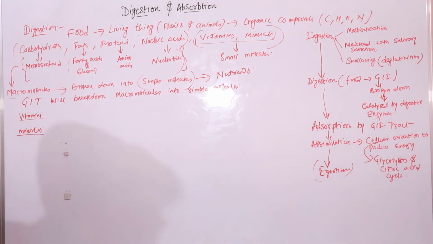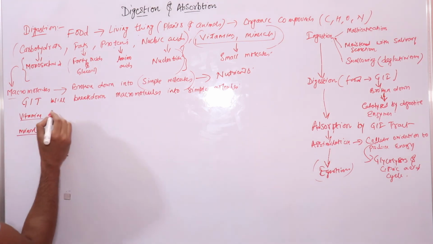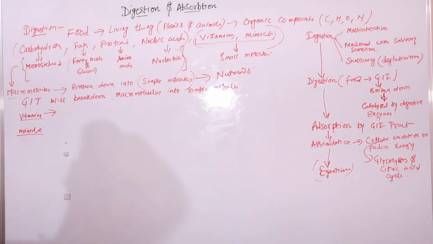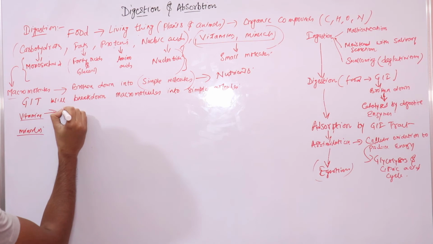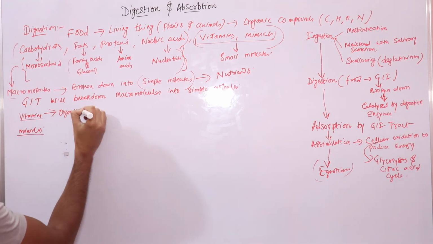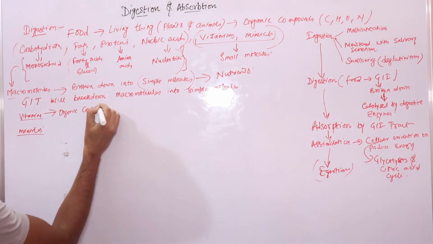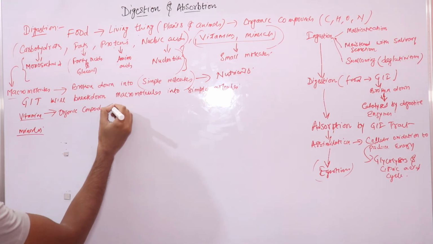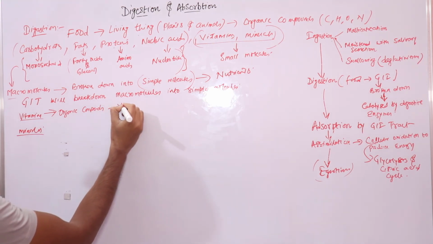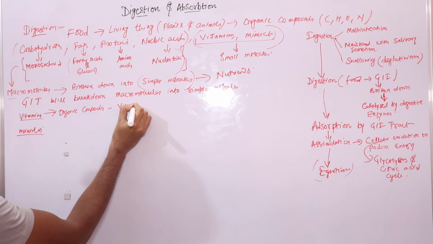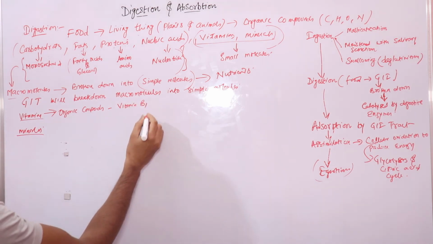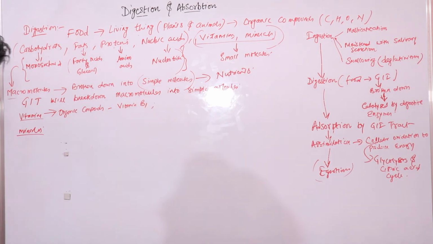If our diet is deficient of vitamins and minerals, then it may cause human diseases, right? Now if we talk about vitamins, vitamins are organic compounds, like vitamin B1, then you have vitamin B6.